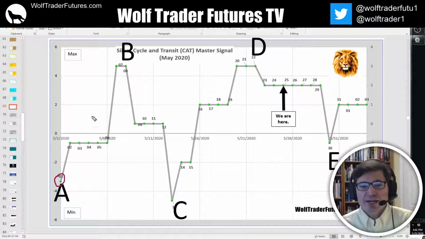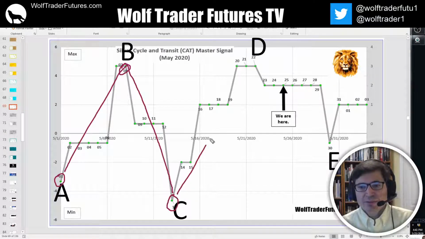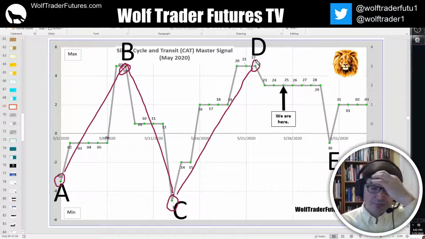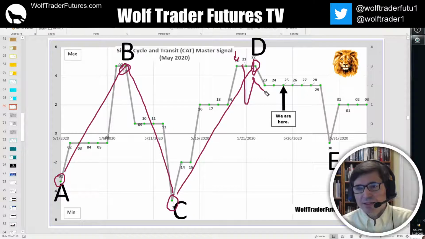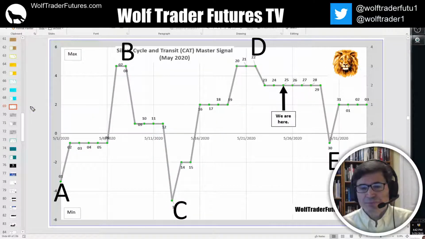So it went buy on the 1st, sell on the 8th, and then it came down here 13th, back up to the 22nd. Now, remember gold topped earlier, so silver actually fell, then went back up, and then this was the high, and now it's hooking back down. I'm going to show you how that looks on the chart.